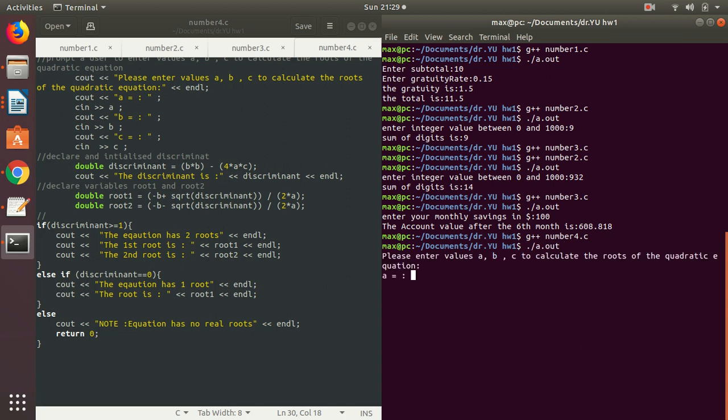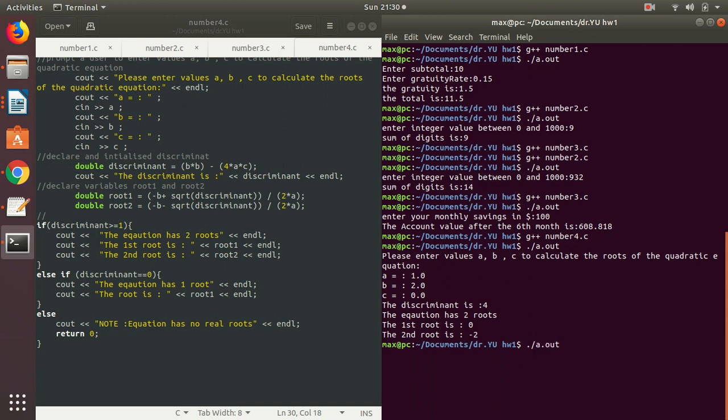Okay, so when I enter 1.0 and 2.0, then 0.0, you see the discriminant is 4. The equation has 2 roots, because if the discriminant is greater or equal to 1, you get 2 roots.